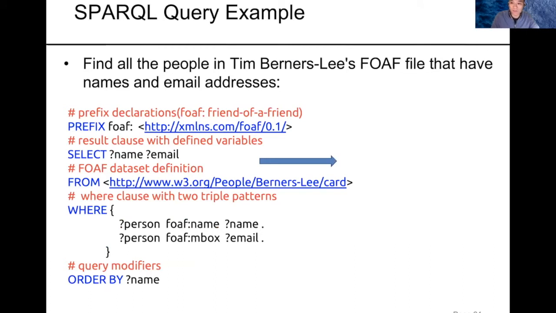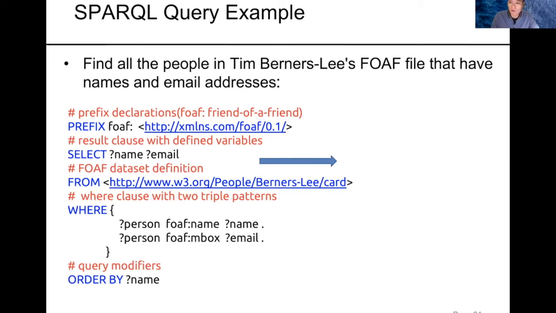Here is an example of asking for all the people in Tim Berners-Lee's friend of a friend file that have names and email addresses. In the prefix, we declare the friend of a friend vocabulary.